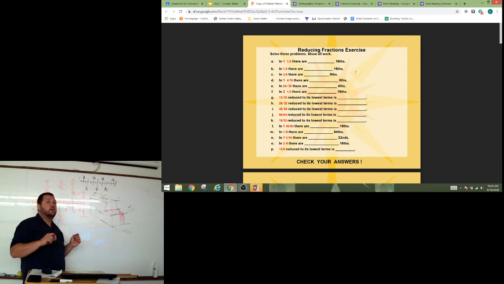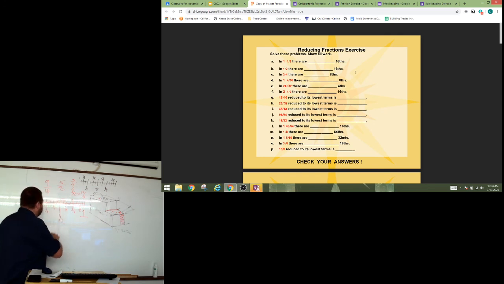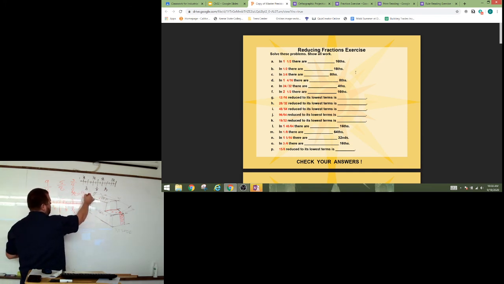We're basically taking these little pieces and trying to create even chunks. If we count all the 16ths over and we want even chunks, we chunk them in the quarters, get rid of that, and we end up with 3/4. So 12/16, if you just divide the top and bottom independently by 2, becomes 6/8, divided by 2 again.